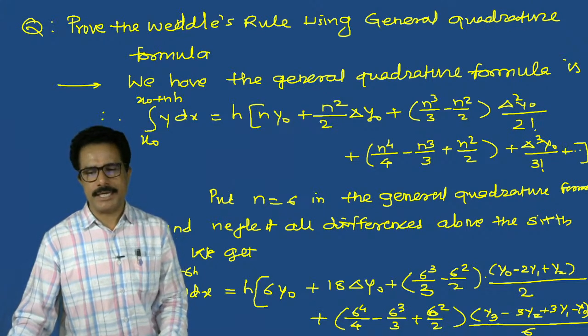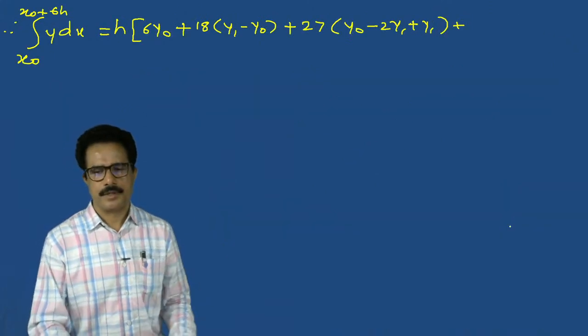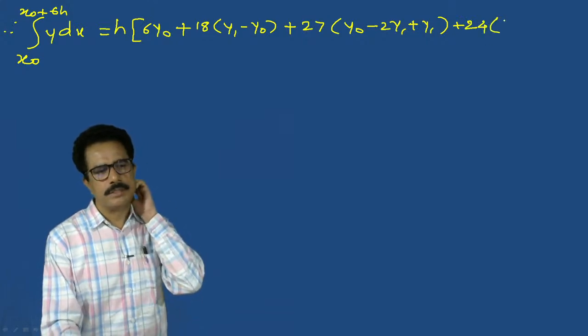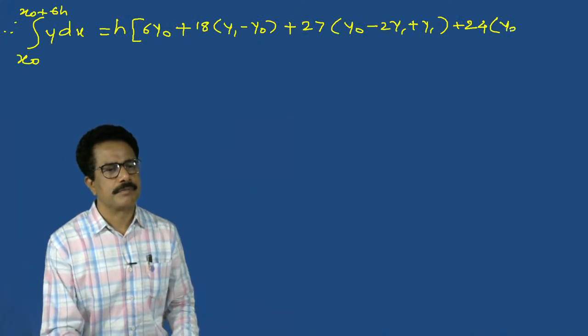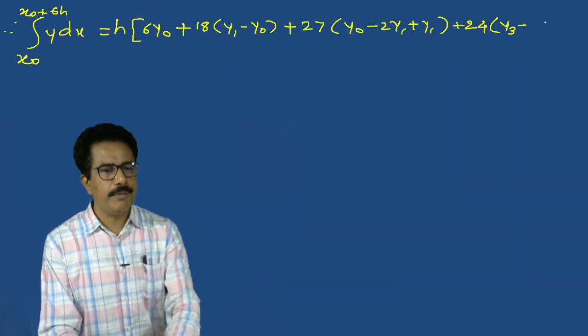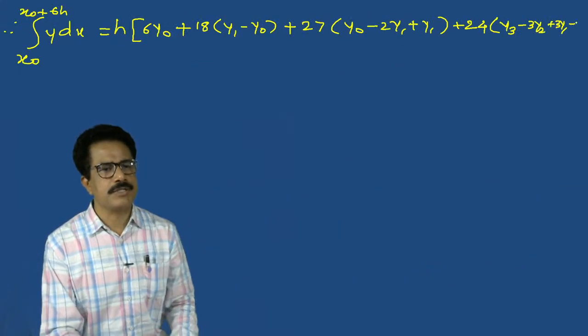Calculate this, so that will be the quantity 24 into, now in the same way y3 minus 3y2 plus 3y1 minus y0.